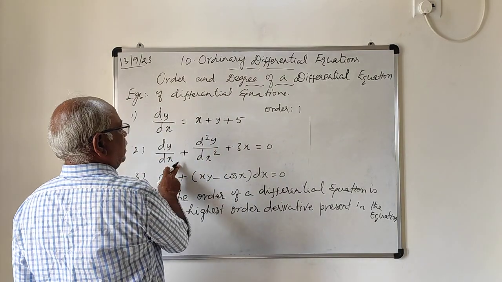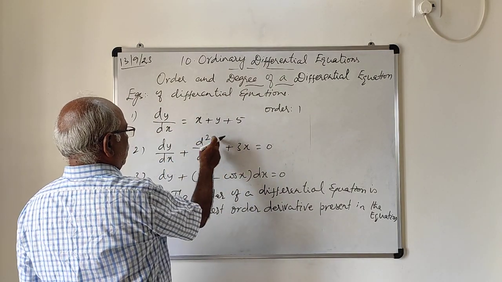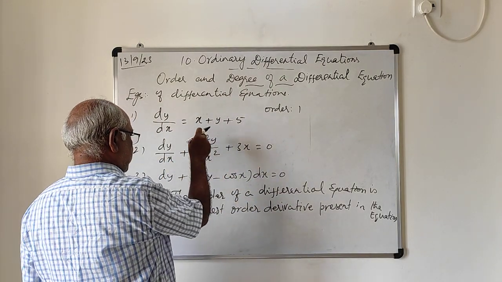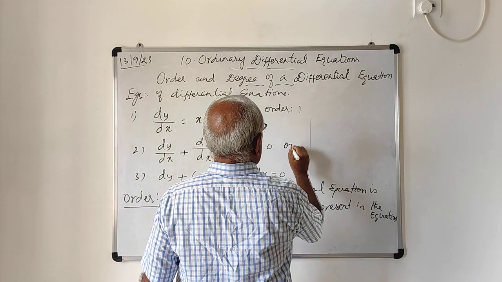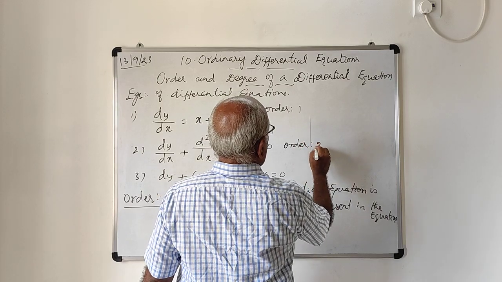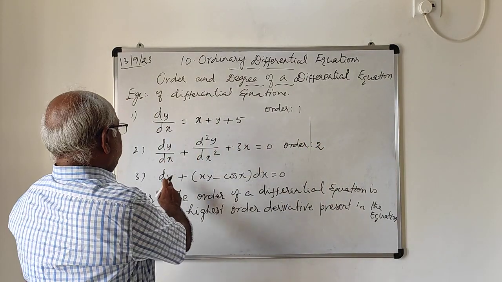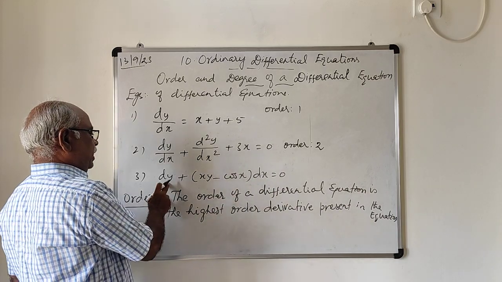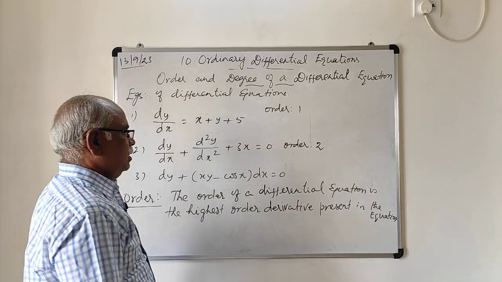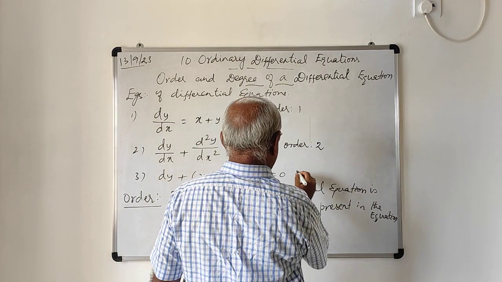In the second equation, the highest order is 2. d square y by dx square, the second order derivative, is the highest order existing in the equation. Therefore, the order of the second equation is 2. In the third equation, you will get dy and dx only, first order.